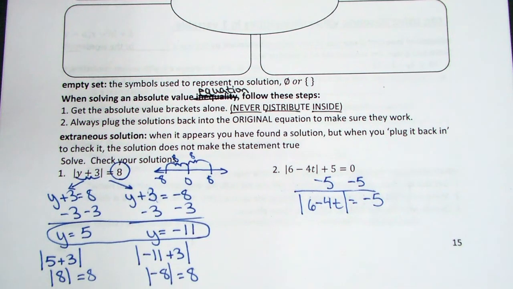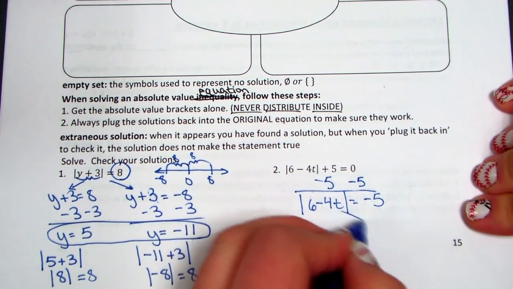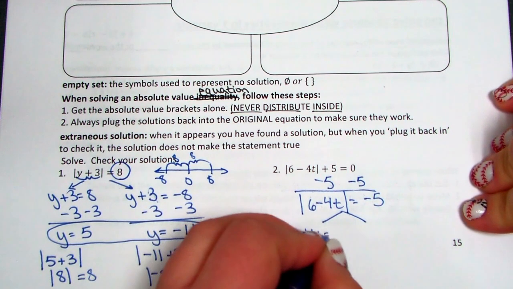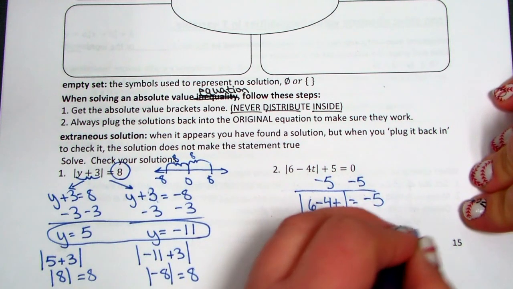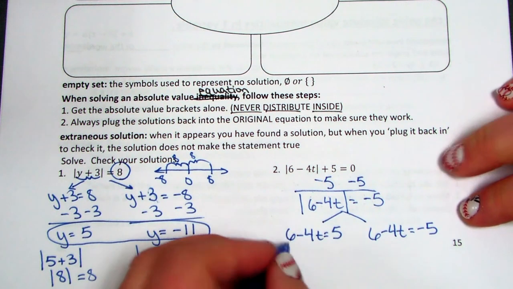Just in case you're working through an assessment or even homework and you don't recognize that, hey, that might be an issue, let's see what would happen. Most people, when they make a mistake with this kind of problem, go ahead and split it up into 6 minus 4t equals positive 5 and 6 minus 4t equals negative 5, and they continue solving their problem.